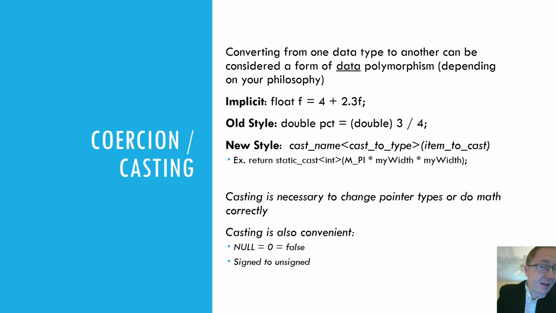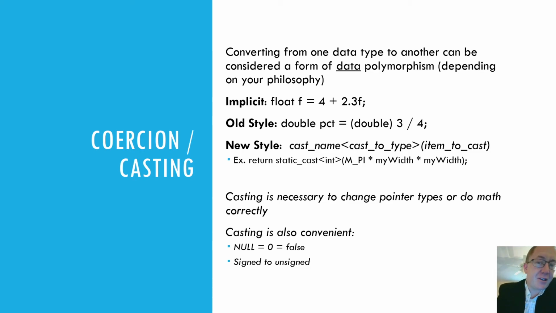However, if I have 3 divided by 4, an integer divided by an integer, and I don't explicitly cast something, I get 3 divided by 4 as integer arithmetic, which is equal to 0, right? It's less than 1. I get remainder 3, but it's 0, remainder 3.